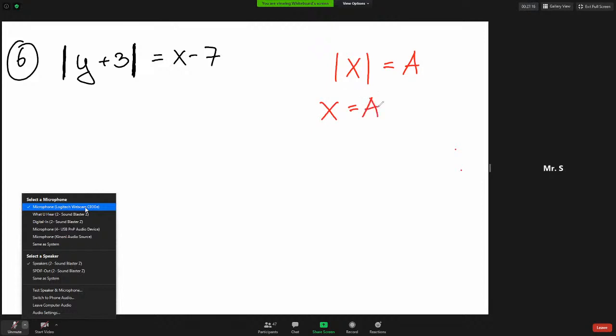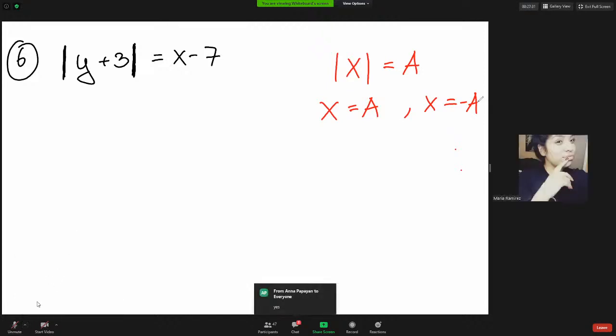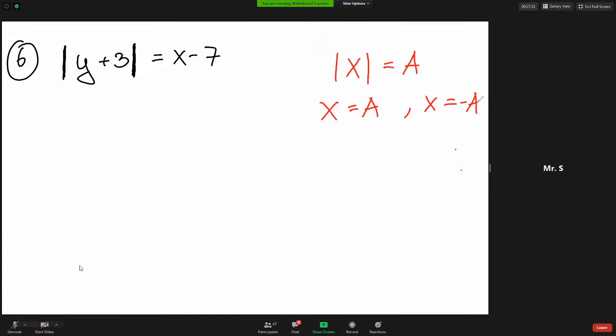One of them is the positive version and the other is the negative version. All right, so does that ring a bell? You guys remember seeing that, solving absolute value equations, where you split it up into two? Yes. So that's what should come in here.